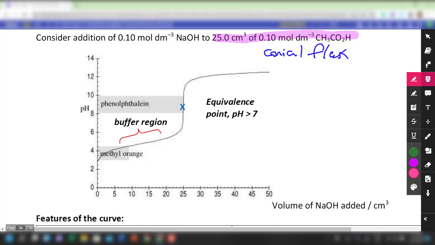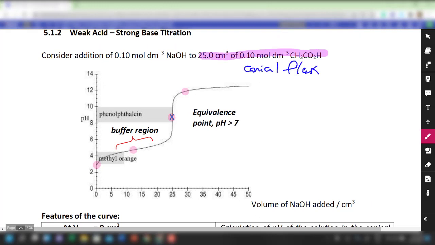The first is the initial pH. Next will be the pH at the half equivalence point, and then the pH at the equivalence point, and then the pH when a slight excess of OH minus is added. It need not be 30, it can be any value, it can be 26, or it can be 40, it doesn't really matter.